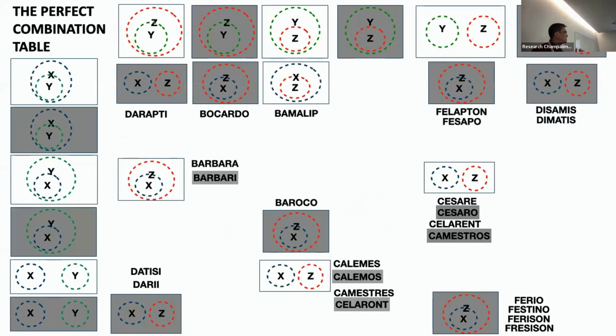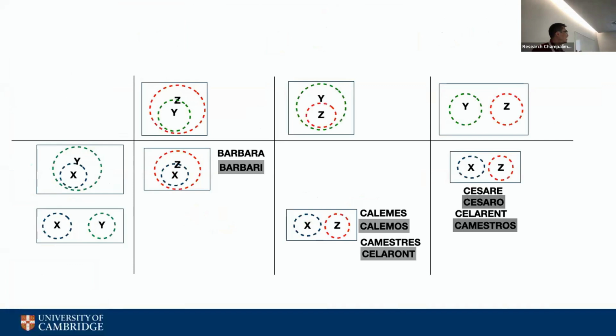But again, there is a Barbara and a Barbari version. What's that? Barbara means all X are Z. Barbari means some X are Z. So we cannot distinguish this weaker version. If we use the combination table, the strong version and the weaker version will share the confidence, so just 50%, just like tossing a coin.